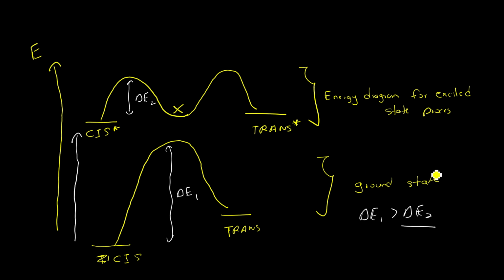Now when we think about the overall process, let's say we have the cis molecule. What we need to do is convert this cis molecule into the trans molecule. Now what is the procedure?